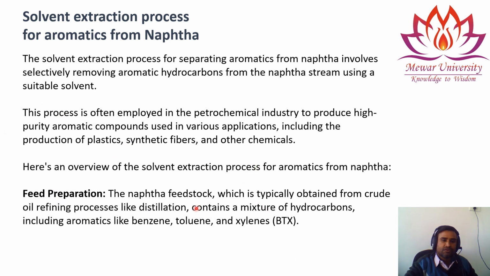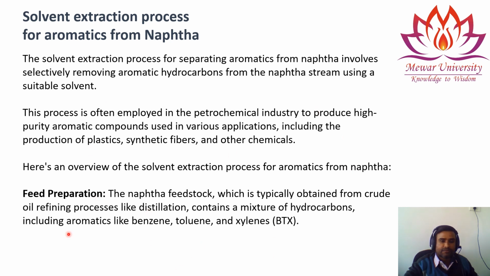So first you have to choose the feedstock that contains the aromatics. For example, in the crude oil refining process, the naphtha obtained from the distillation column contains the aromatic compounds like benzene, toluene and xylene. So this is the feedstock selection.